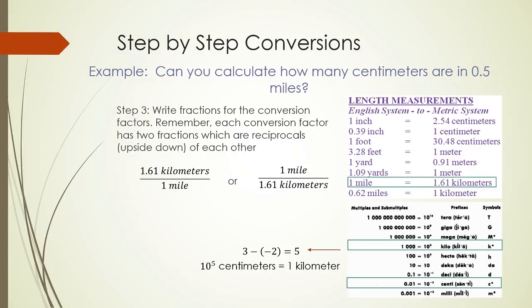And I'm going to need one of these two in order to cancel out the units. So the way you figure out which one you need is that the right one will cancel the units, and the wrong one will end you up with some weird mess of units. So with 10 to the 5th centimeters in a kilometer, I again have two conversion factors. 10 to the 5th centimeters over a kilometer, and 1 kilometer over 10 to the 5th centimeters.